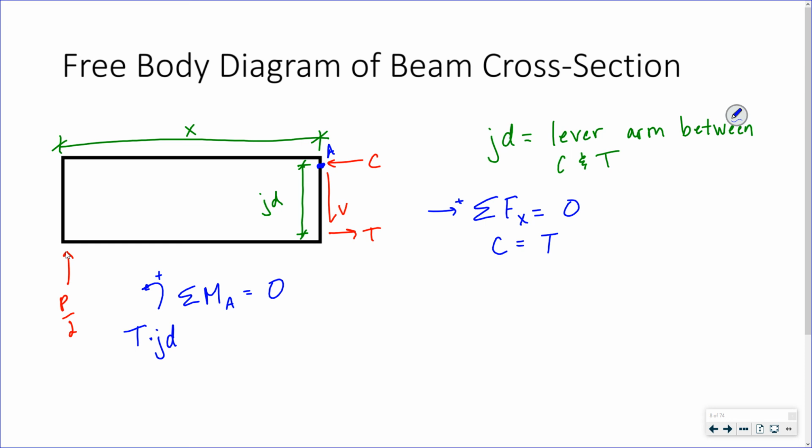Right, you go down to the right, that's counterclockwise. And then I have P over 2 acting like that, so negative because it's clockwise, minus P over 2 times X equals 0.